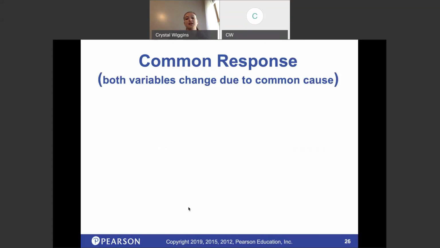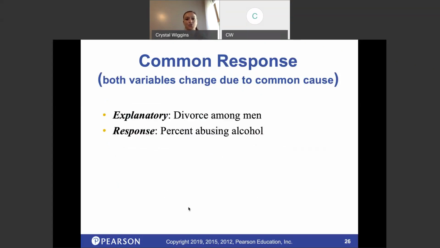Sometimes there's a common response based on a common variable that is not a part of the study structure. So, divorce among men and percent abusing alcohol. If you try to think of a cause and effect, does divorce cause men to abuse alcohol? I guess it's possible. Does abusing alcohol affect whether a man gets divorced or not?